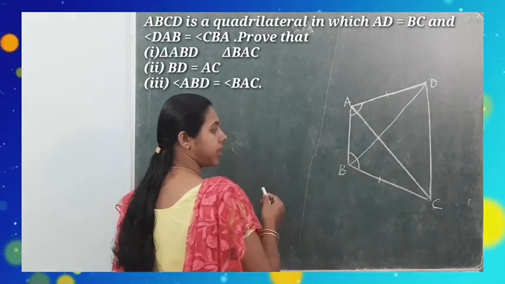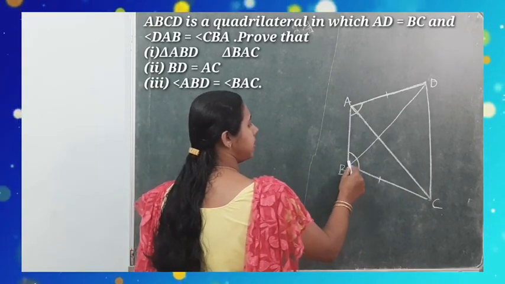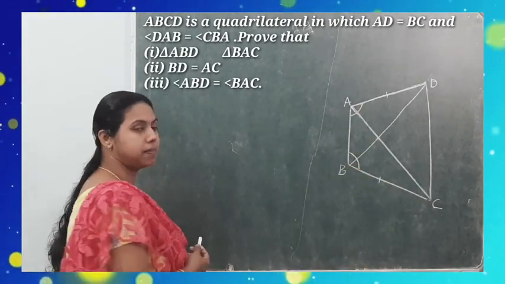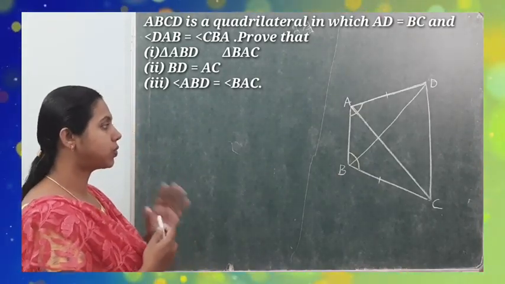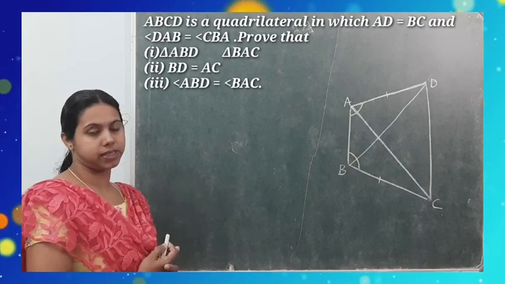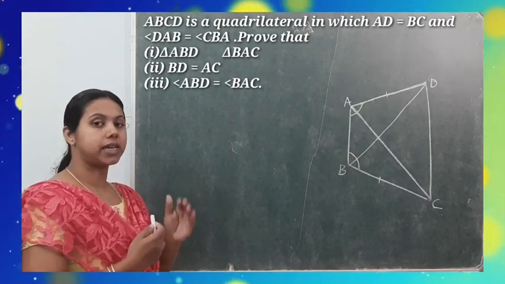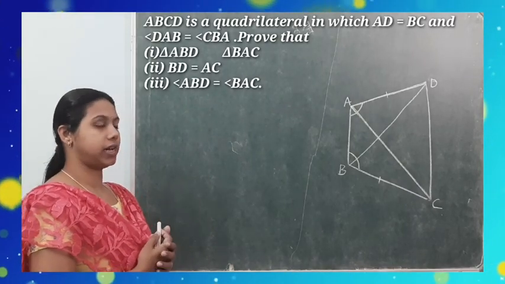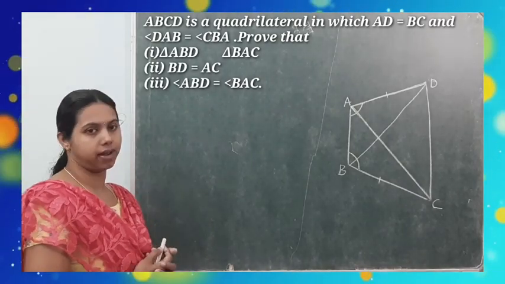And the other triangle is BAC. ABD and BAC. In these two triangles, identify the equal parts. Few equal parts are given for you. Identify those equal parts in these two triangles.